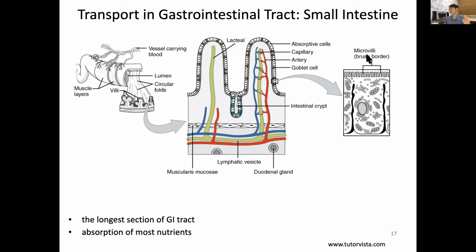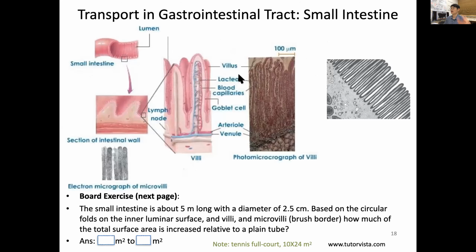It turns out to be called microvilli, very tiny protrusions only clearly visible by electron microscope. So this is a cartoon showing the small intestinal lumen, which has a folded intestinal wall, and the folds contain this villi structure. And on the villi structure's apical surface, there are very tiny microvilli.